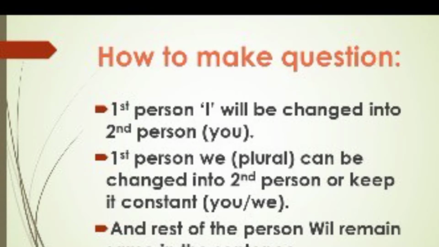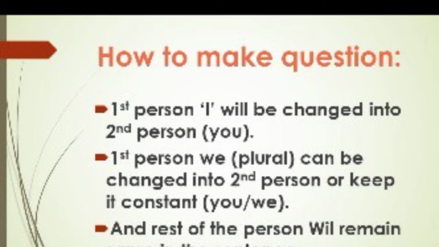How to make a question? We know that at the time of making any question, we have to have a clear idea about the person, number, and gender. So first person I will be changed into second person at the time of making any question. By seeing the underlined word, we have to make the questions.